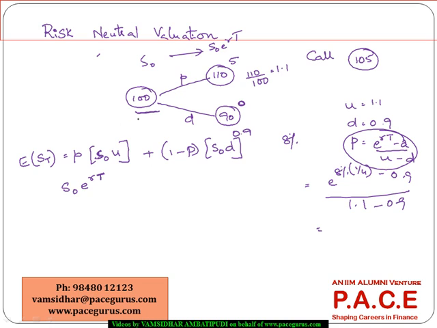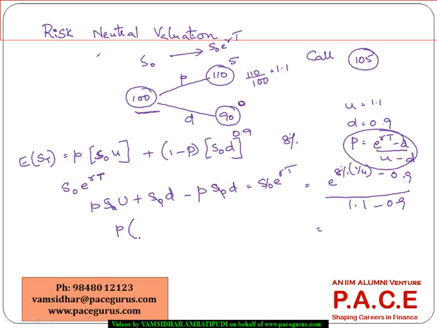Even when I am talking about the expected value, even there I am associating it to be the same, which means if I equate these two numbers, P times S naught U plus S naught D minus P times S naught D, this should be equal to S naught e power RT. So I can take out S naught across to simplify the scenario.